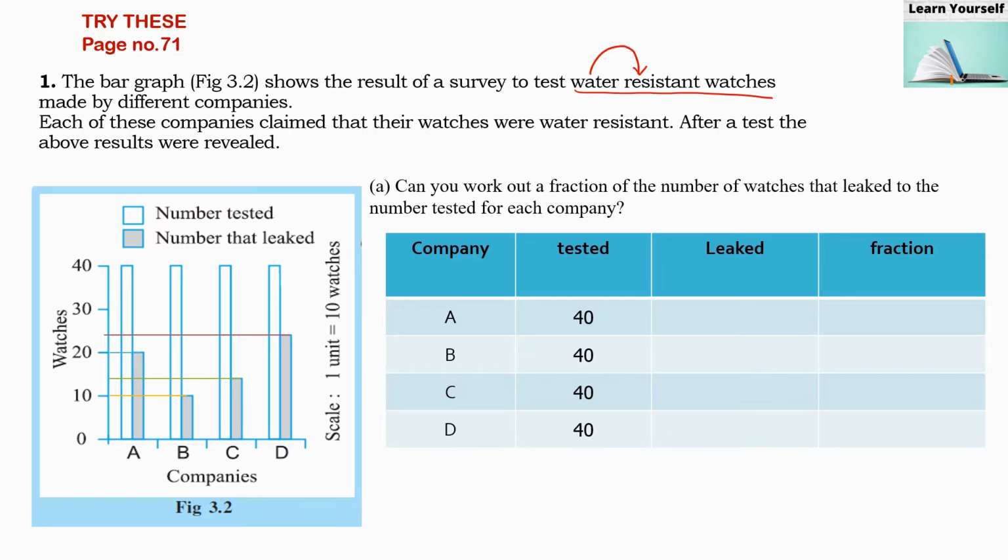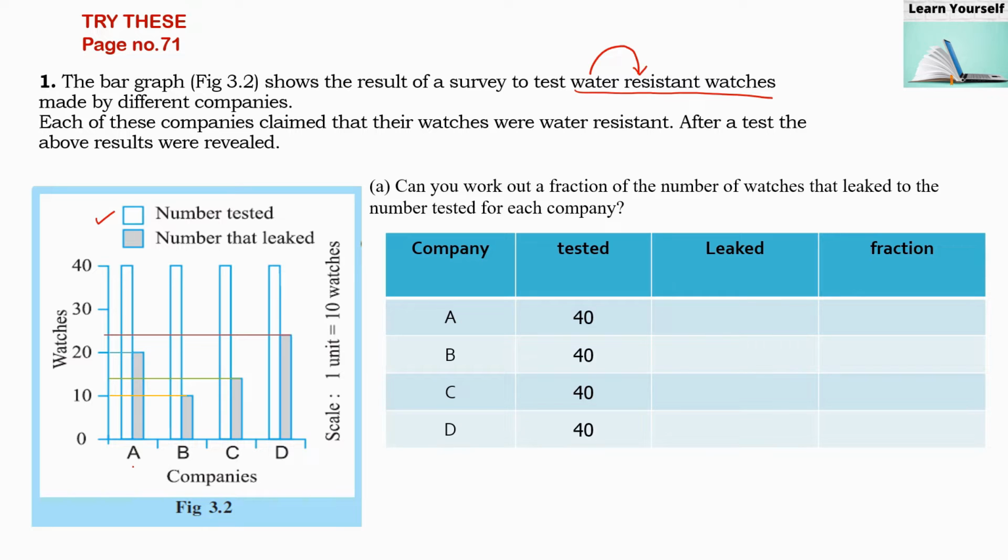So here we have to interpret the bar graph, what they are telling us. First we will see that this blank bar will tell us the number tested, how many watches they have tested. So for company A, B, C, D, they have tested 40 watches for each of the companies. That is the number tested.